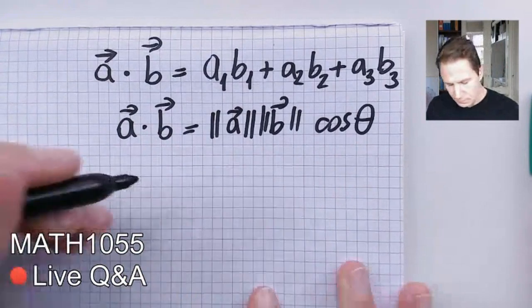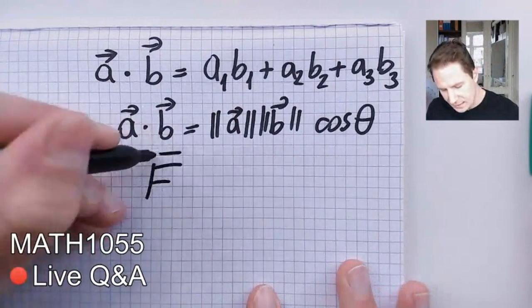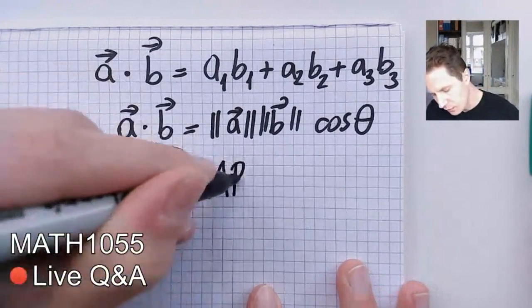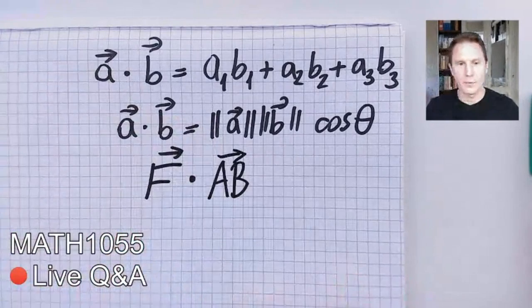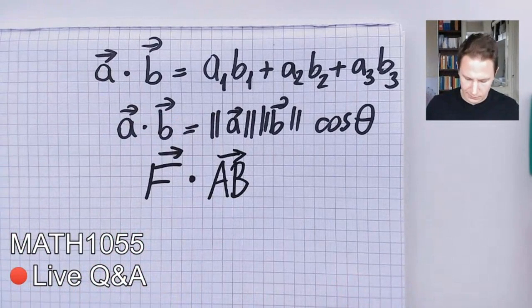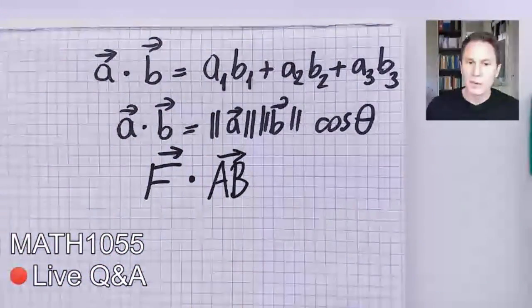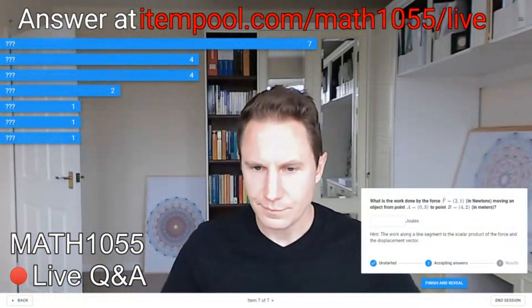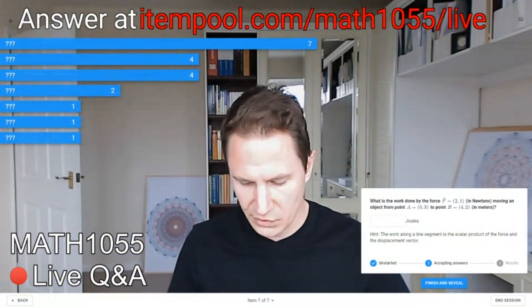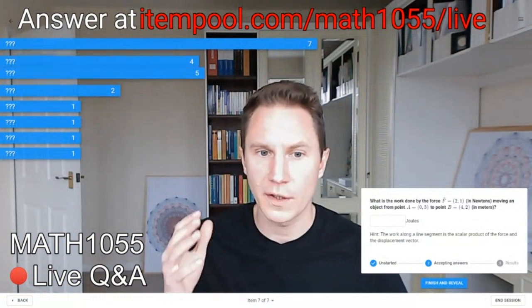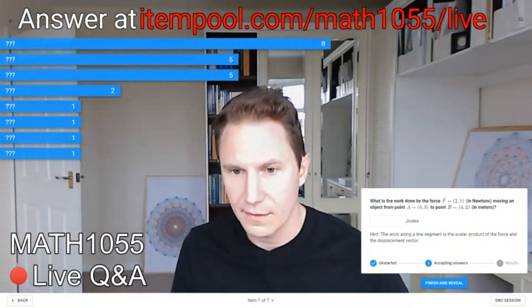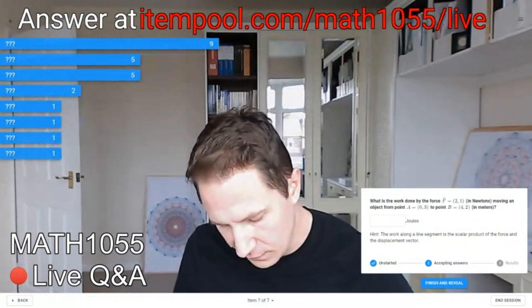And in this problem, what I'm asking you to calculate is the vector f multiplied by the vector AB using the scalar product. So it's the coordinate calculation that is needed here.